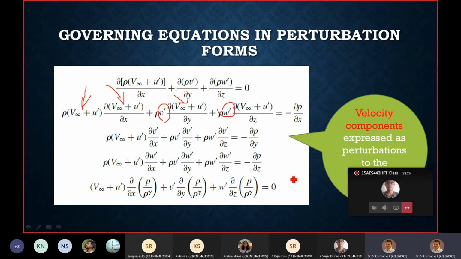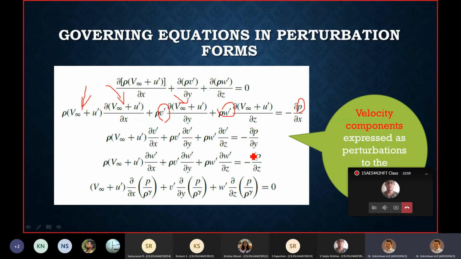Keep in mind that we are rewriting the equations incorporating perturbations only to the velocity. We are not disturbing density and pressure. P, I'm just writing as P. Rho, I'm just writing as rho. I'm not writing P plus P dash. I can do that actually. We can rewrite the whole thing using pressure perturbations also, and also incorporating rho ones, which is actually not required at this stage.